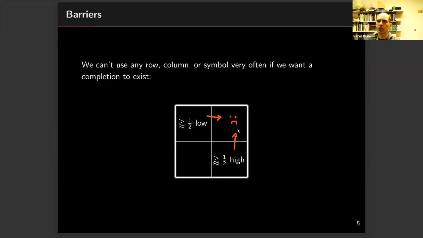Okay, so that's maybe an important barrier to discuss to set the stage, or set the boundaries, so to speak, of what we could expect to complete. And I haven't yet defined what I mean by fractional completion, but really this barrier is truly a space barrier. It's a geometric constraint where it doesn't even matter if you're allowed to cut up your symbols fractionally. There's just not enough room to put what you need in the rest of the unfilled entries.